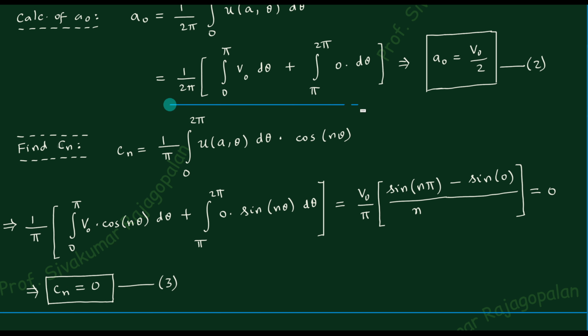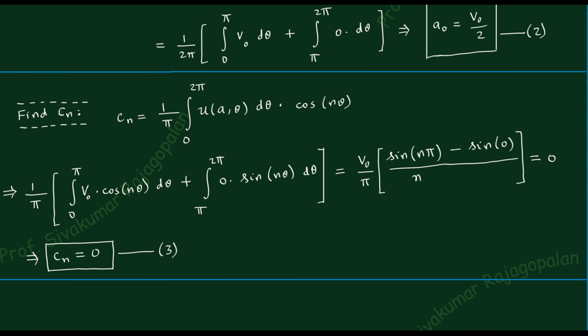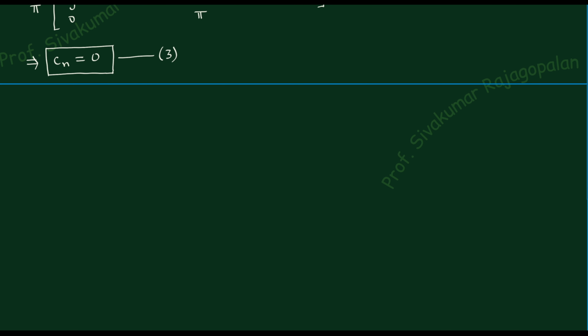So the equation numbers are fine, right? So that is the previous one, equation 2, 3. Okay, now we are going to get some non-zero value for the dn.